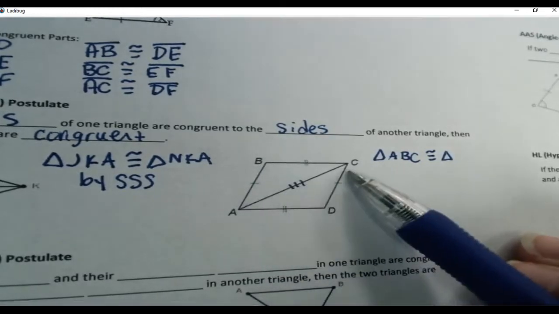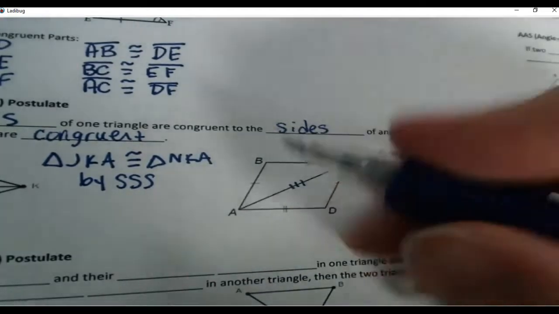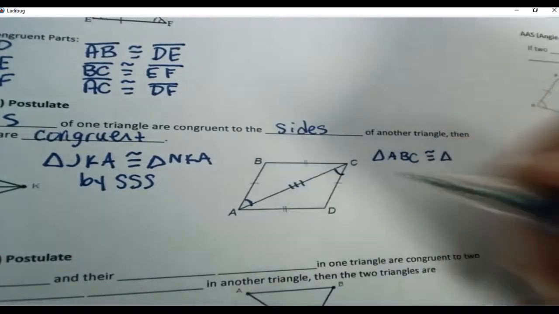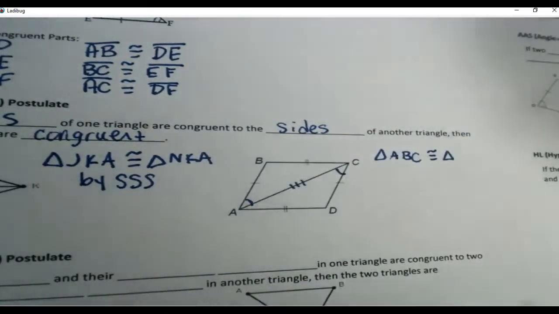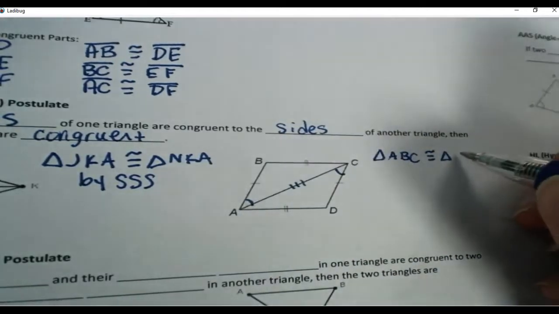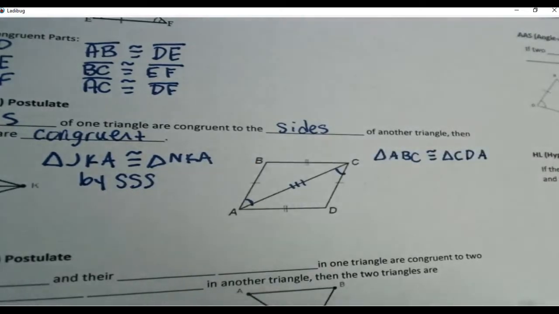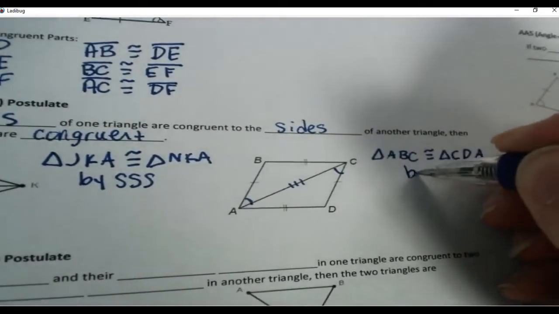So then I have to start at C and go to D. So when they look like this, your angles like this, your alternate interior, are the same. So in this one, this angle A matches this angle C. So C, D, A. So you don't always assume that one angle equals itself, especially when they share a line like that. And again, we can say by side, side, side.